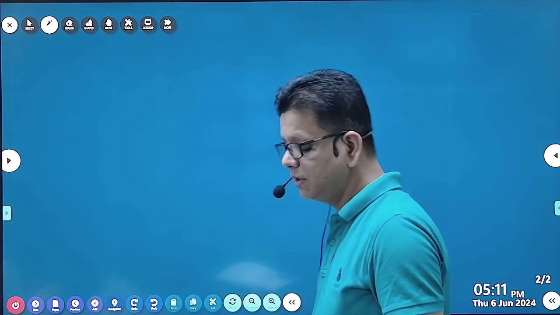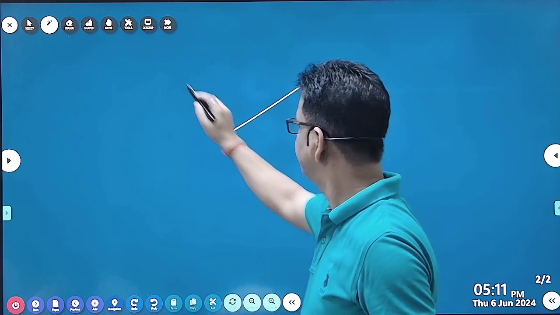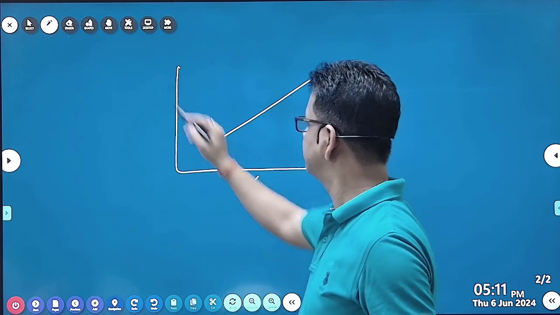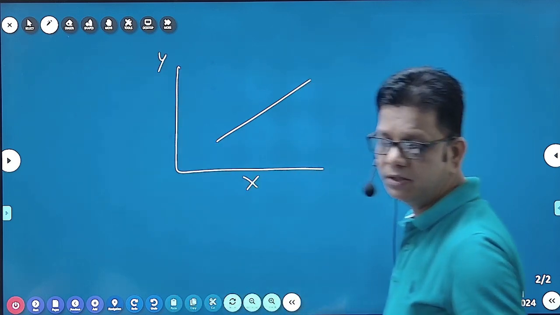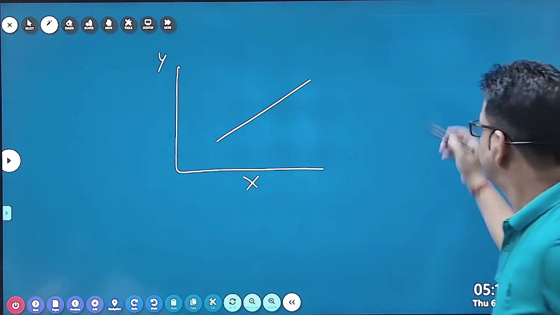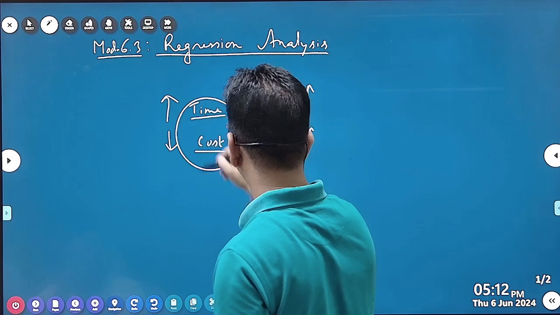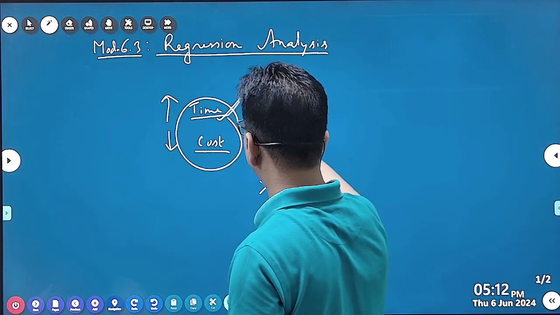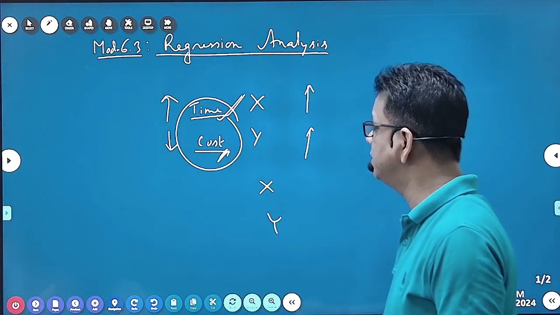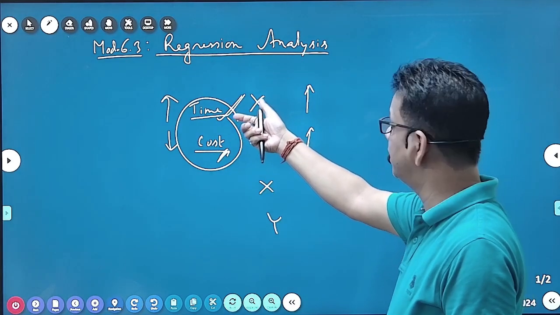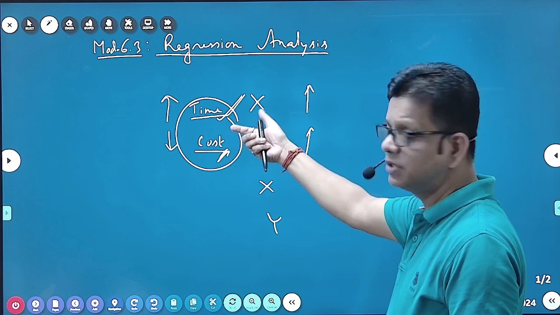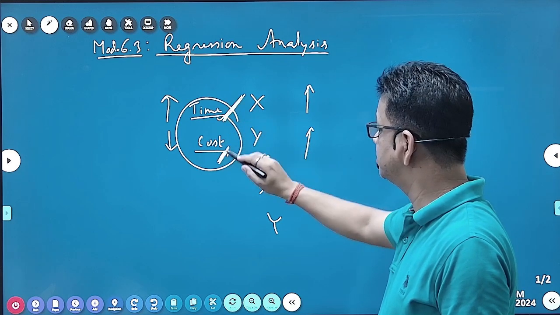In the first graph, this is the quantity x, this is the quantity y. And I said what is dependent and independent. In the previous example, it was time and cost. Time is independent, cost is dependent. That means at any time we can invest the money. So time is independent, cost is dependent on the time.